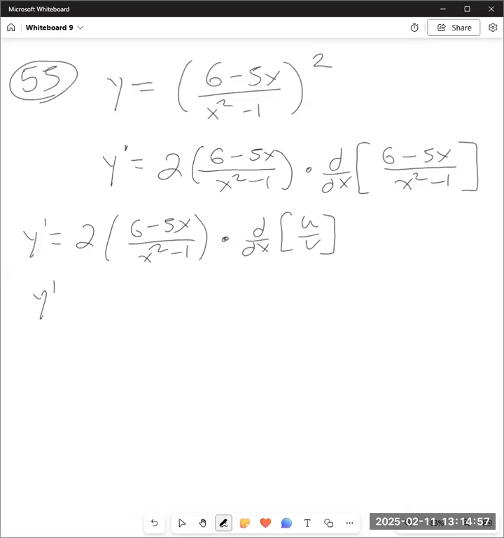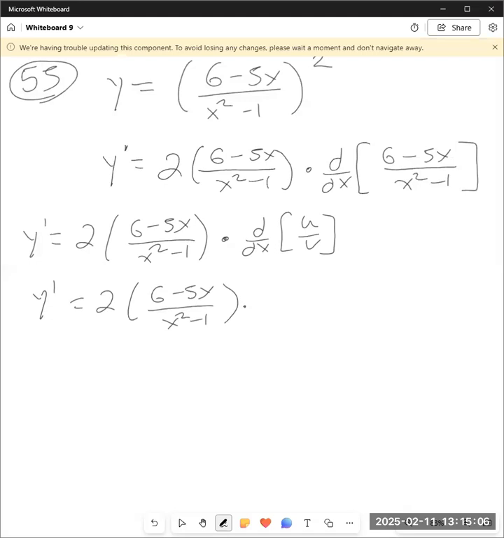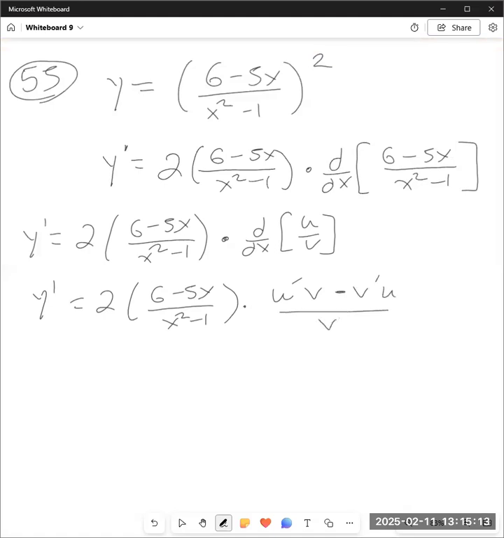So that's going to be y prime equals 2 times (6 - 5x)/(x squared minus 1) times, and then this formula is (u prime v minus v prime u) all over v squared, where my u is equal to 6 minus 5x, and my v is equal to x squared minus 1, making my u prime equal to a negative 5, and my v prime equal to 2x.